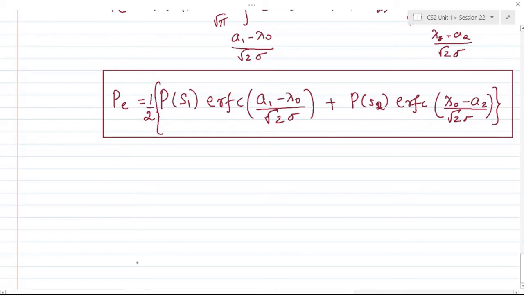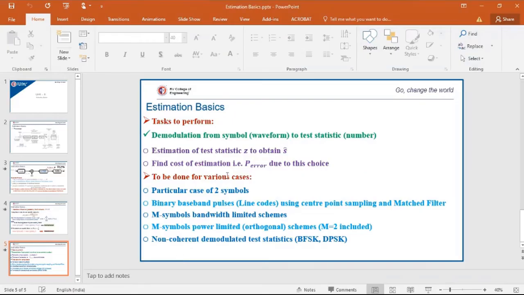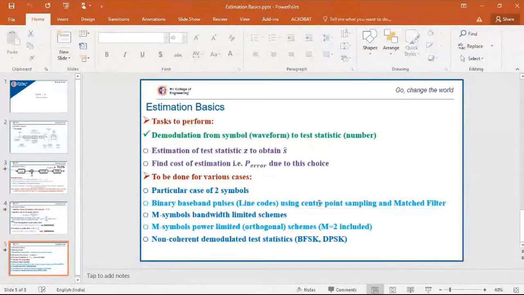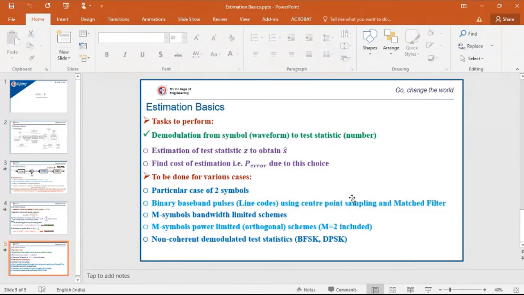First and foremost, as expressed in the last class, once we are done with the case of two symbols, we will apply this to binary baseband pulses, all the line coding schemes that we considered in the last semester, for both center point sampling and with the matched filter as well. That's our first objective.